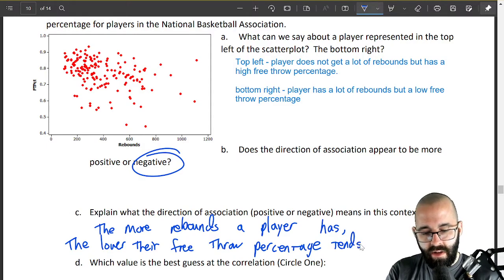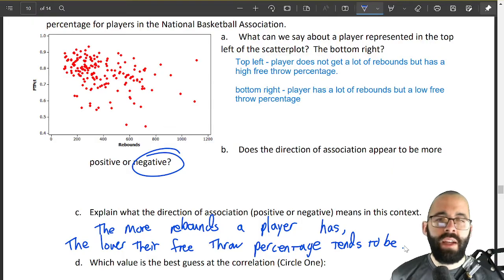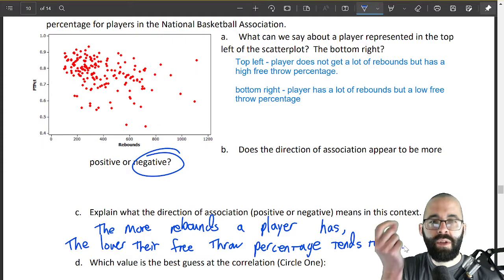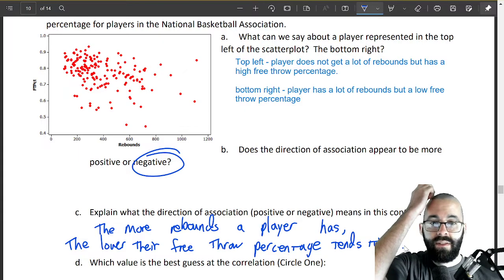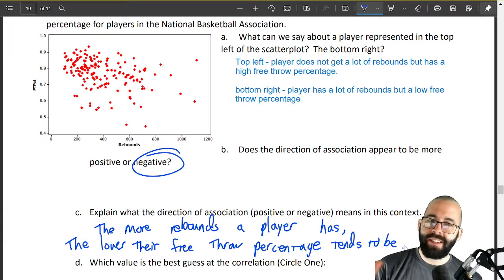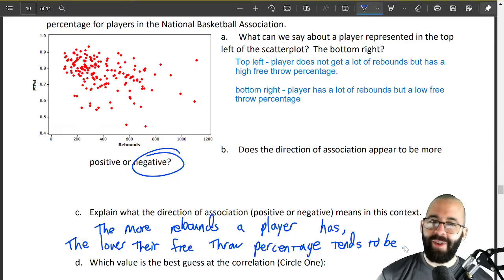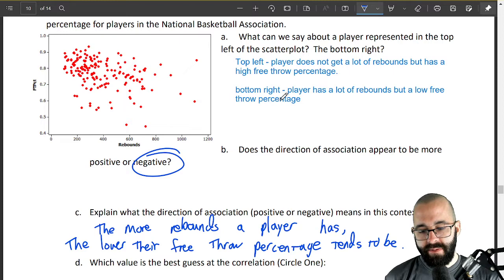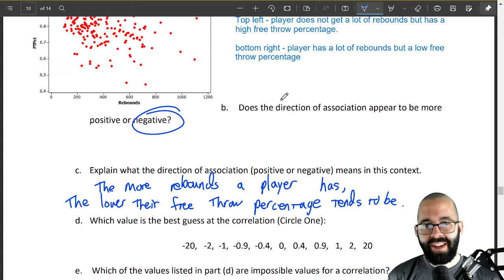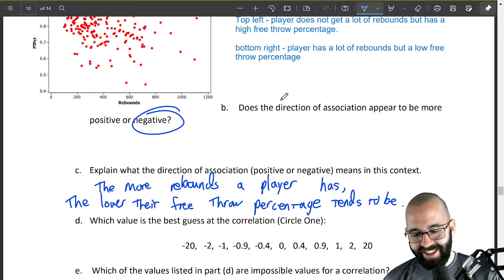And of course, this doesn't mean that if I have a really good game and I get a lot of rebounds, that my free throws are going to be bad, right? Just there's a correlation between players with these data points. And again, if I knew more about basketball, I'm sure I could describe why there's that correlation. Maybe you do. If so, tell me. I'd be curious.